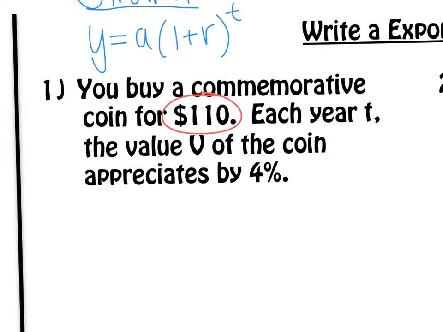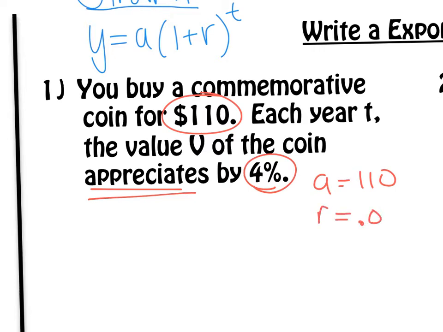So when I look at the first question, it tells me that I paid $110 for a coin. Okay, so I know that A is 110. That's my initial value. So the coin gains value of 4%. That is my rate. So rate needs to be represented as a decimal, so 0.04. So I'm going to use the formula above.